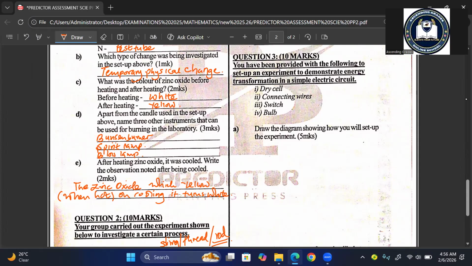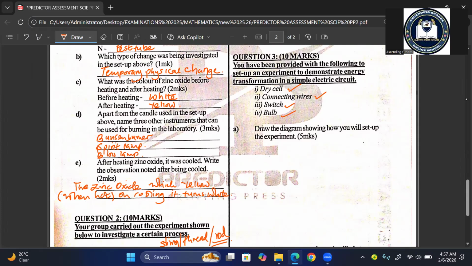You should have been given these tools to demonstrate energy transformation in a simple electric circuit. So these are just some of the apparatus. We have a dry cell, connecting wires, switch, bulb. Then you're told to draw a diagram showing how you will set up the experiment.